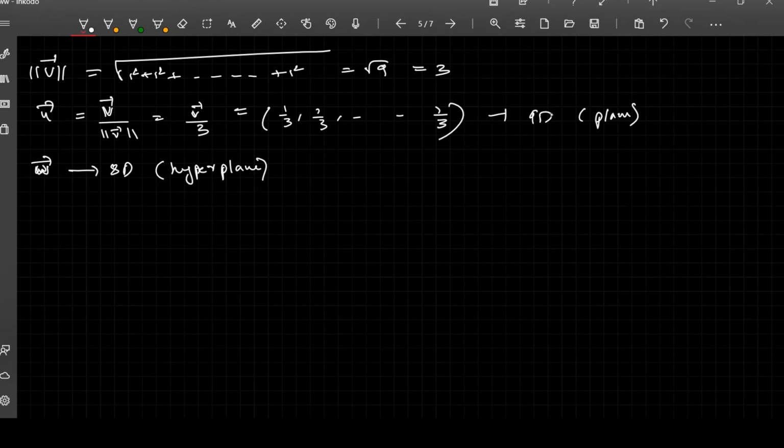We are taking 9D, so now the hyperplane would be 8D, and this must be perpendicular to this. The hyperplane is just a plane with dimension 1 less than the original plane that we have taken.